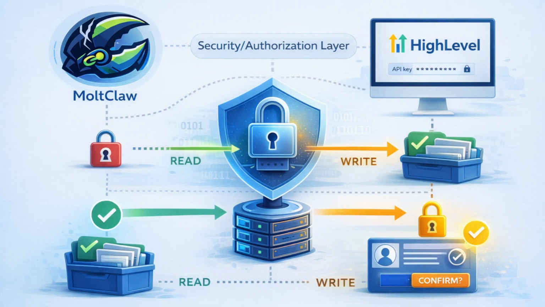Now if we talk about security, the AI does not directly hold your HighLevel API key. There is a middle layer between the agent and HighLevel. Reading actions are much easier, for example, when you want to fetch data, find some information, or find a contact. Writing actions, like creating a contact or modifying a record or some user information, require confirmation, and once the confirmation is logged, only then does it update, along with the user identity.